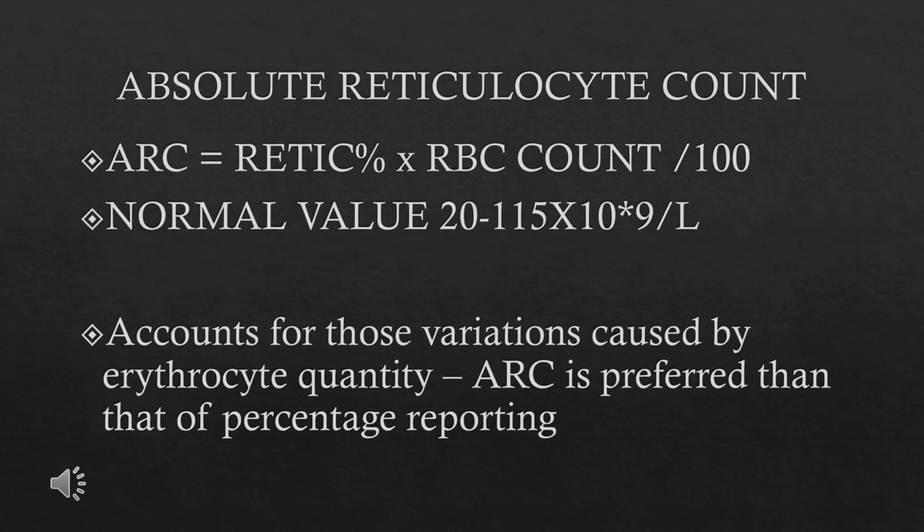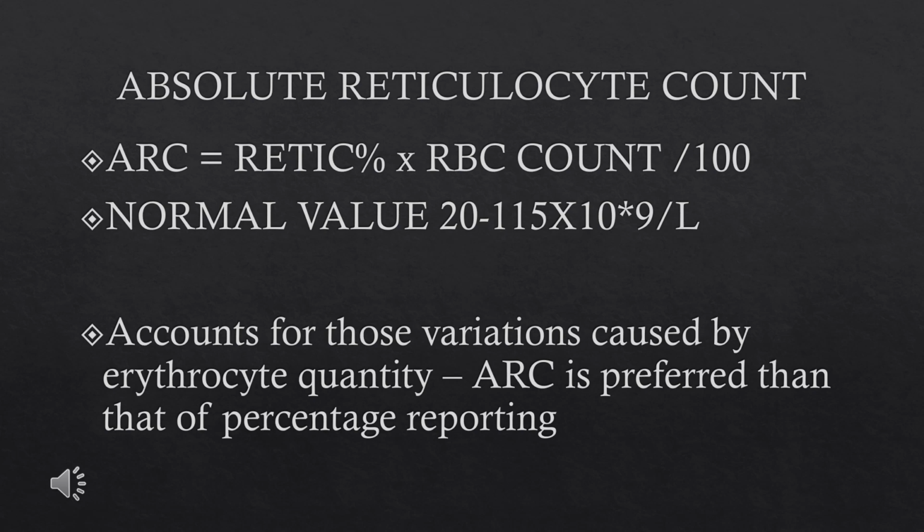First, we have your absolute reticulocyte count. The formula here is your retic percentage multiplied by your RBC count over 100. The normal value here is 20 to 115 times 10 raised to 9 per liter. Traditionally, reticulocyte count has been expressed as a percentage of the total number of circulating red blood cells.